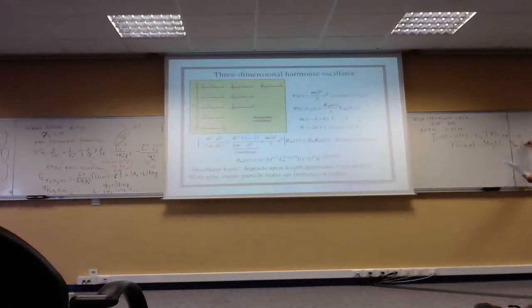You had a radial wave function times an angular wave function. And this angular wave function did not at all depend on your actual radial potential. No matter what your radial potential was, your angular equation was the same, and it gave you the spherical harmonics as your solution.